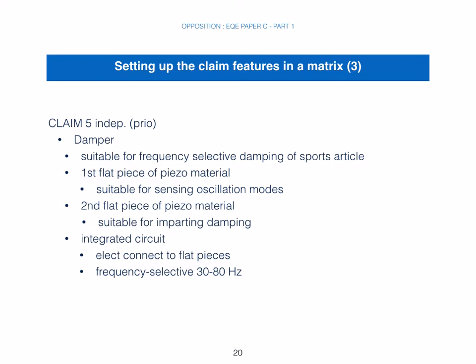And it has an integrated circuit, which is electrically connected to the flat pieces and is frequency selective in the range 30 to 80 hertz. So that's claim 5. It's not too difficult to break these claims down into their technical features, but it's a good exercise to help understand the claims.